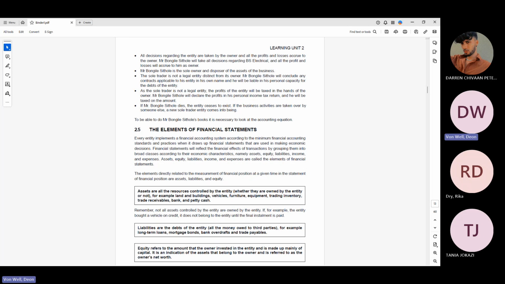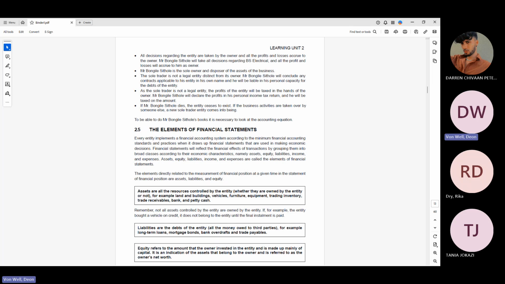So there is a liability, but that vehicle, it's still mine. It's still an asset. So although I currently don't fully own it, because only after I've paid off my loan does it become by law actually my asset.